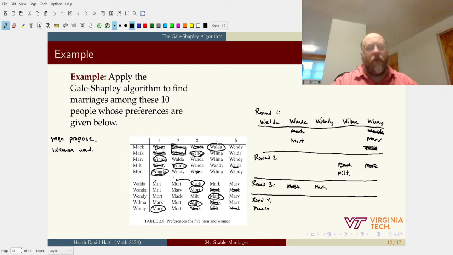And so nobody can trade up. If anybody tries, they would be shot down. Okay, so that's a stable matching. Mac to Walda, Mark to Wendy, Marv to Winnie, Milt to Wilma, and Mort to Wanda.